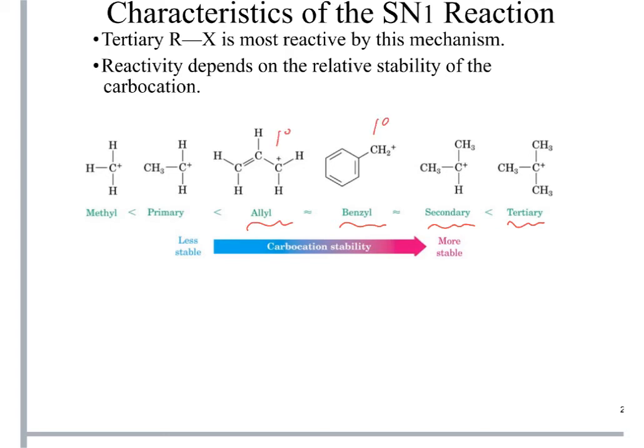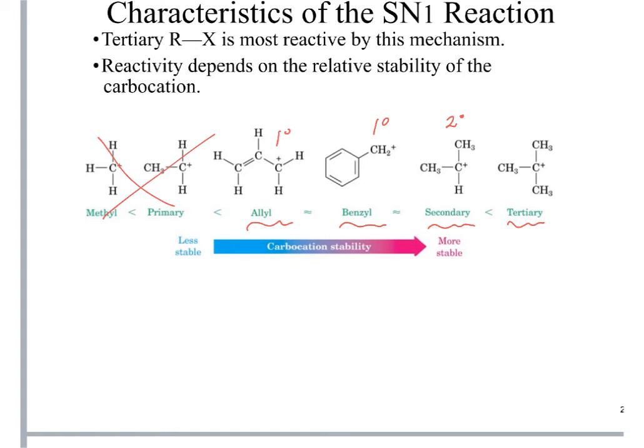So primary allylic and benzylic are as reactive as the secondary alkyl carbocations. And then we will not consider methyl and primary. Needless to say, secondary allylic and benzylic will be even more reactive. So any allylic and benzylic carbocation will be more stable than the corresponding alkyl carbocation with the same degree of substitution.